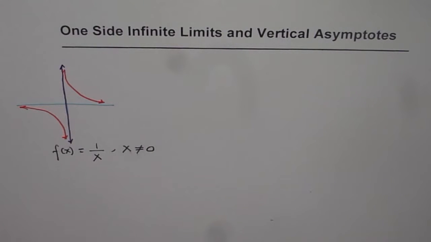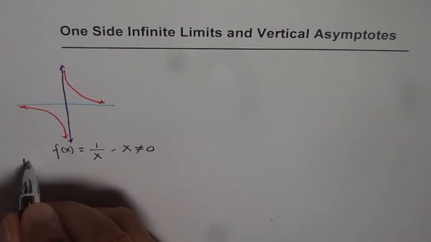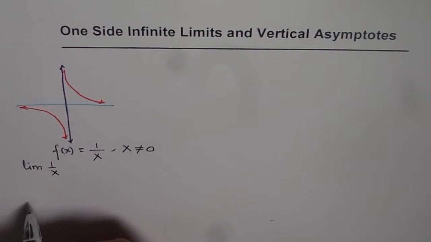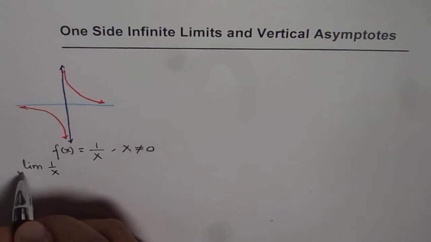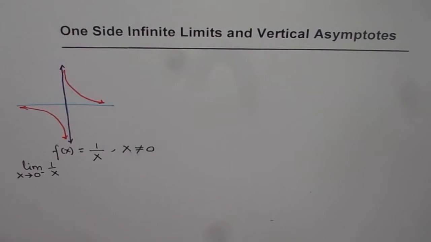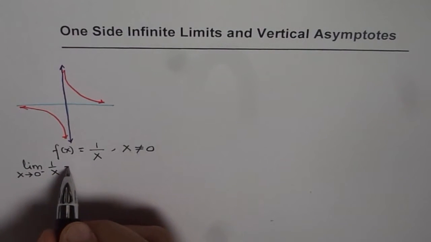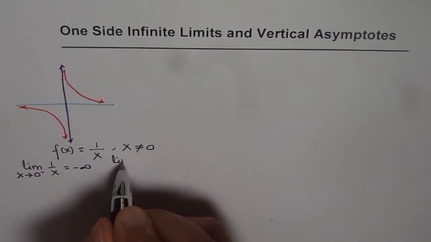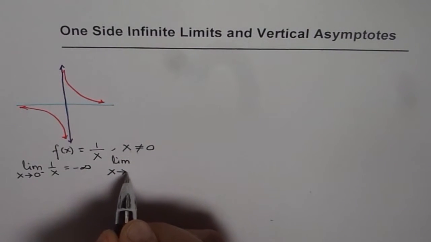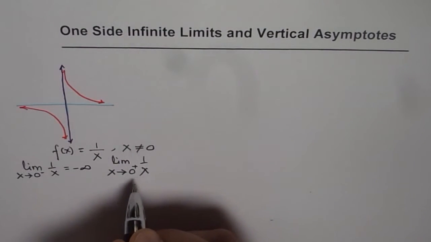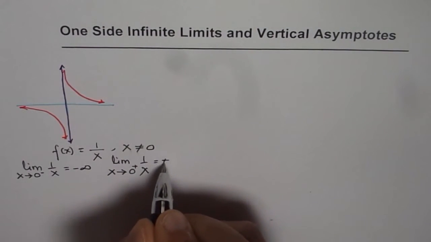So what we observe here is that the limit of the function 1 over x, as x approaches 0 from the left side, meaning 0 negative, is equal to minus infinity, and the limit of the function as x approaches 0 from the right side, that means 0 plus, is positive infinity, right?